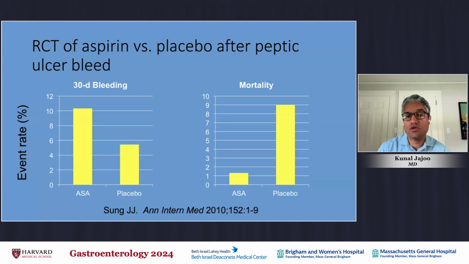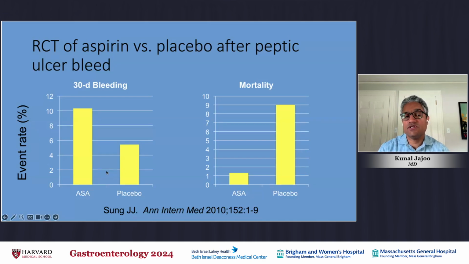How about in those patients who have come to us with a peptic ulcer bleed, and there's a question regarding whether they should be back on their aspirin or not? In this randomized controlled trial by Joseph Sung and colleagues when he was in Hong Kong, they looked at 30-day bleeding and mortality in patients who were either resumed on aspirin after presenting for a peptic ulcer bleed or given placebo.